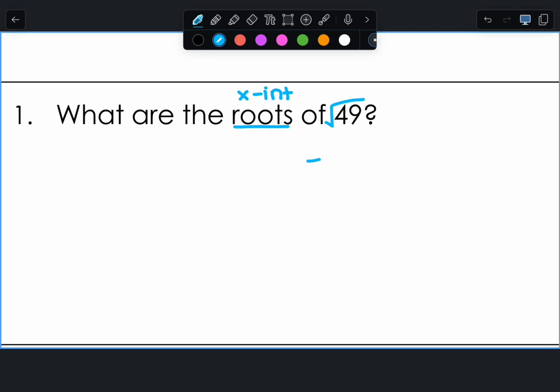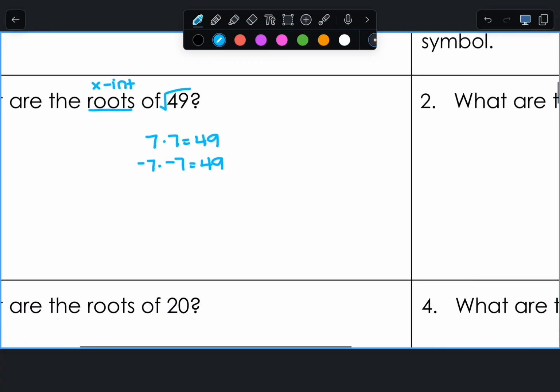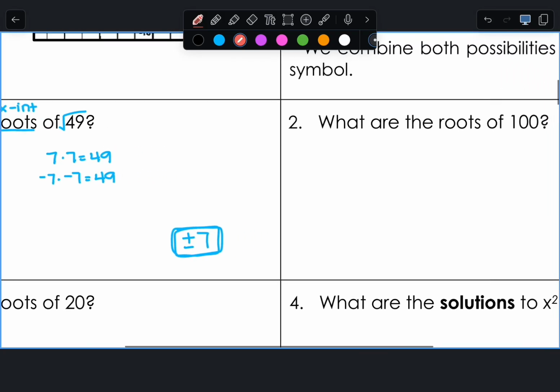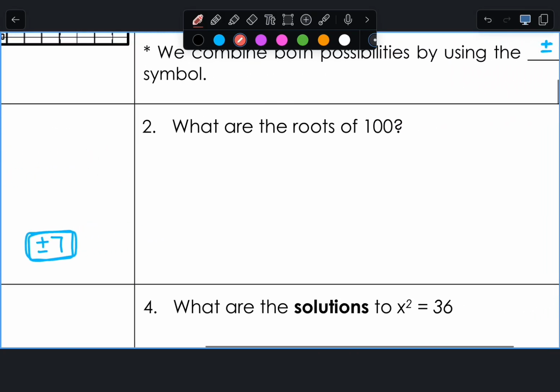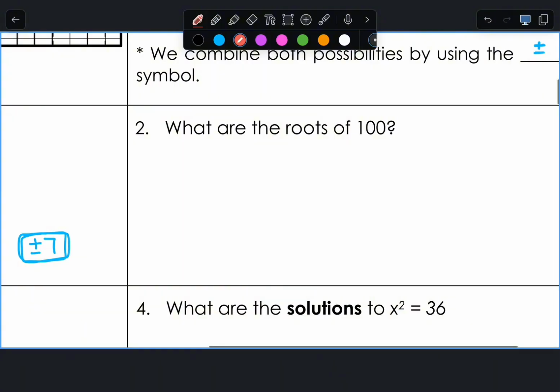So 7 times 7 is 49, but also negative 7 times negative 7 is positive 49. We combine both of these answers by writing it as plus negative, positive negative 7. Good. So we don't write the x is equal, we can. I mean, we will.